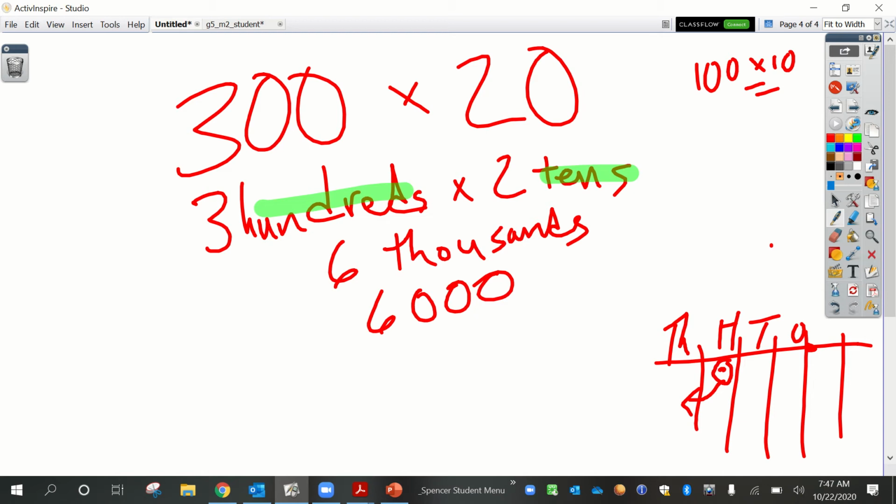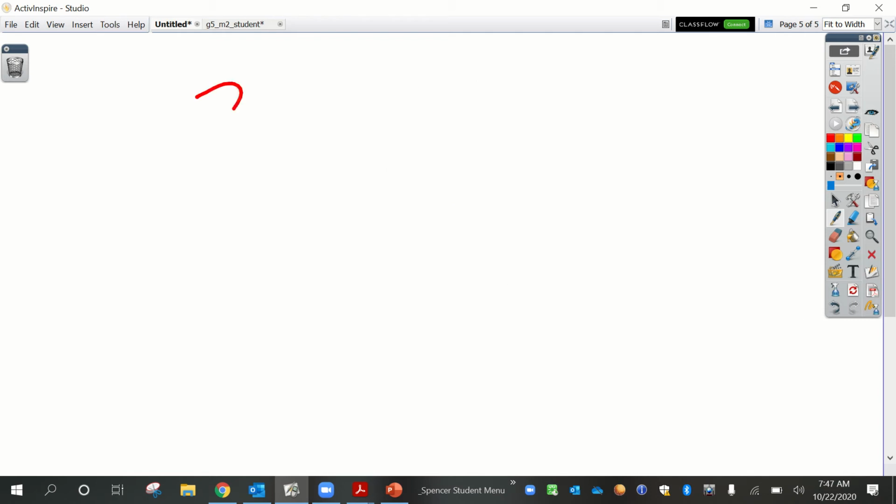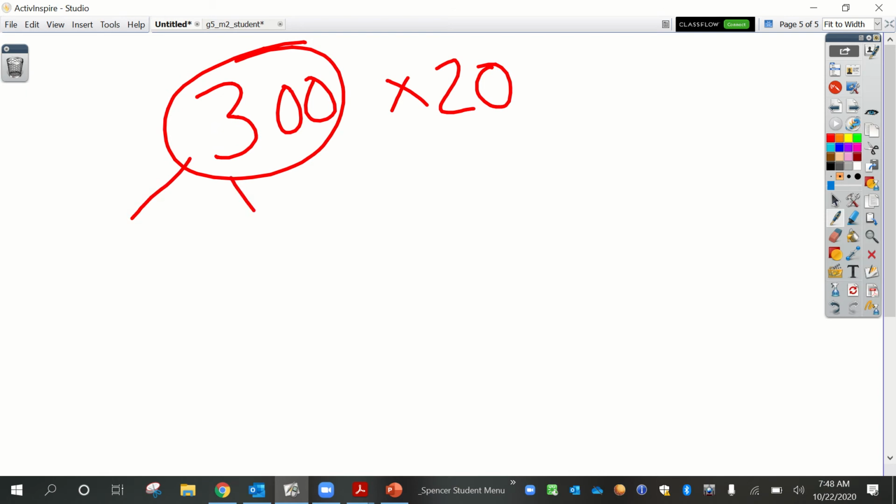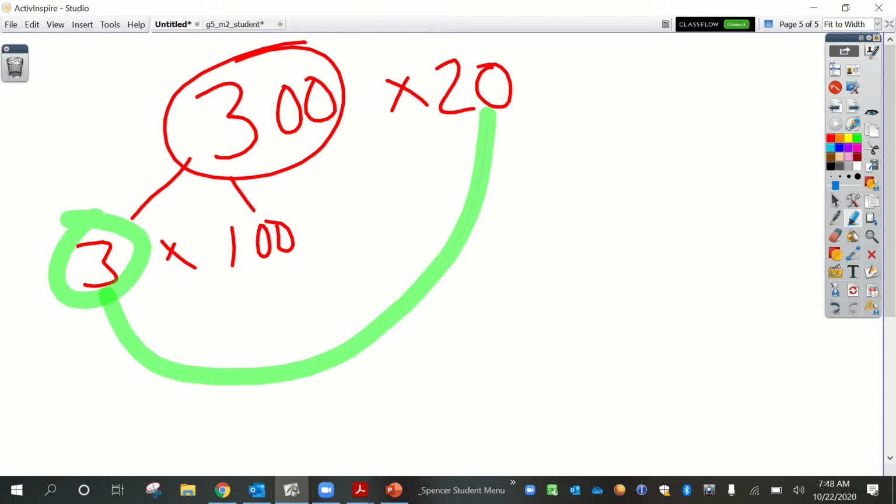What about if we were using it the other way? So we have 300 times 20. So we know 300 can be broken into 3 groups of 100, 3 times 100. So what we're going to do is distribute this out: we're going to do 3 times 20, and then we're going to take that answer and finish it by multiplying by 100.